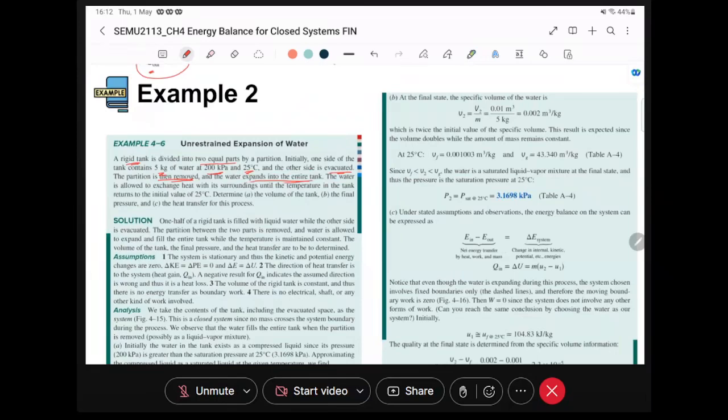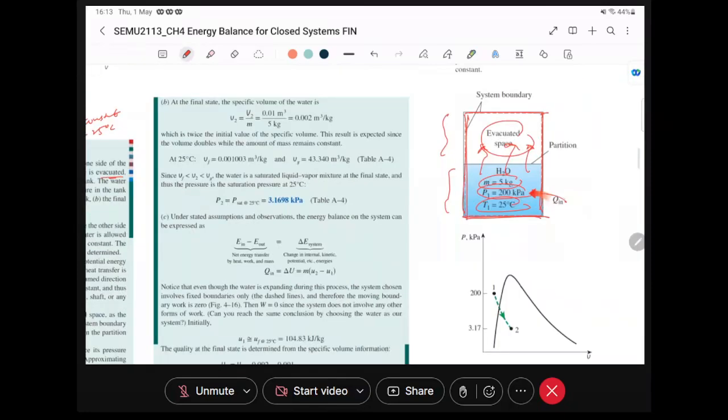The water is allowed to exchange heat with the surroundings, so that the temperature remains at 25 degrees Celsius. It says go to the initial value. That basically means temperature is constant, 25 degrees Celsius. Because when it expands, you cool down. But in order to maintain it, there is a heat input.